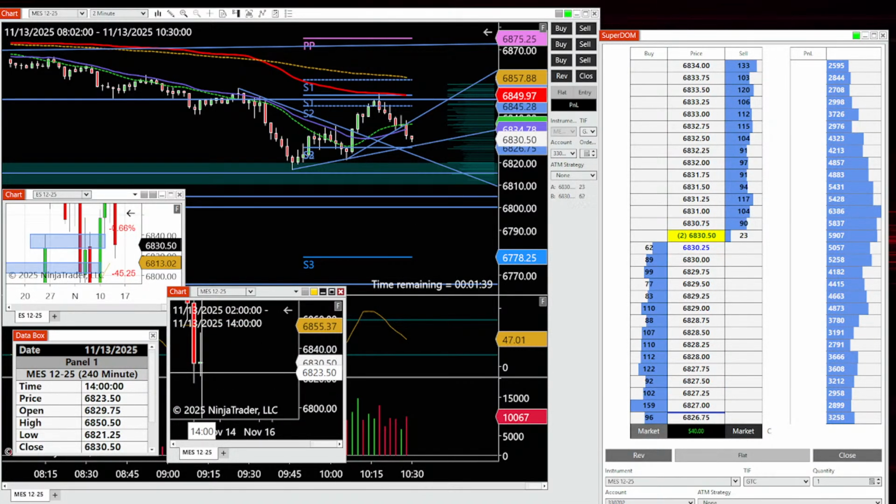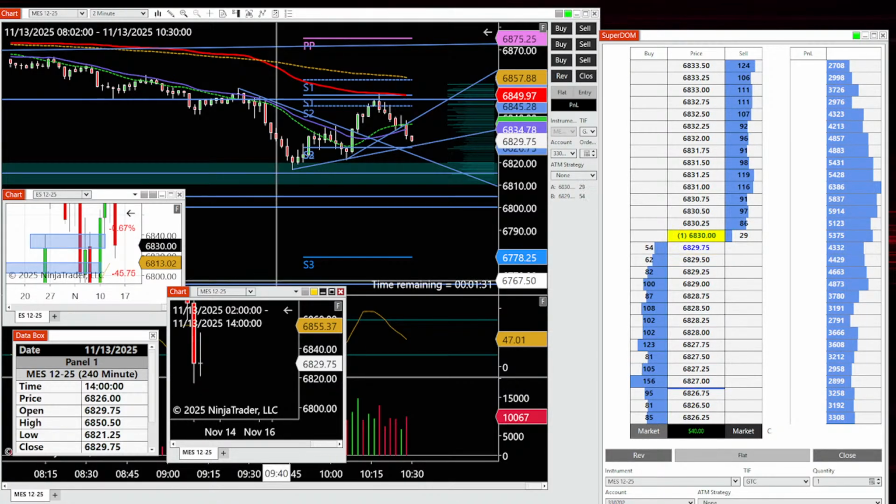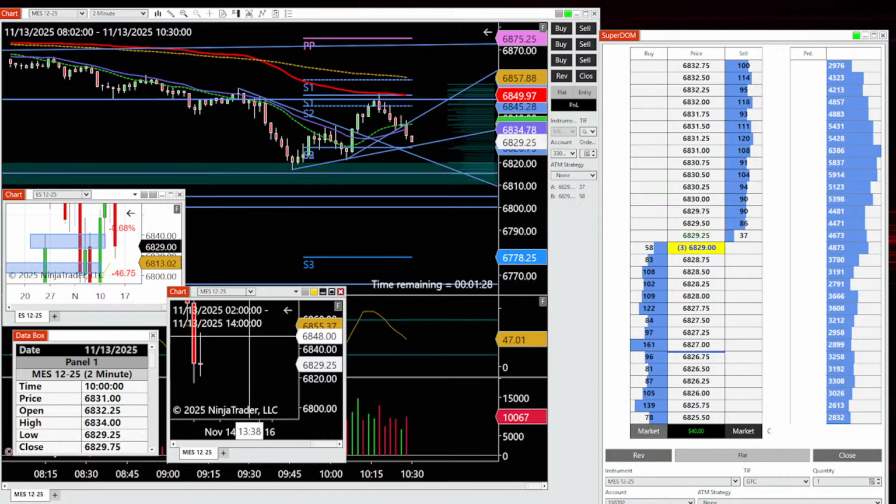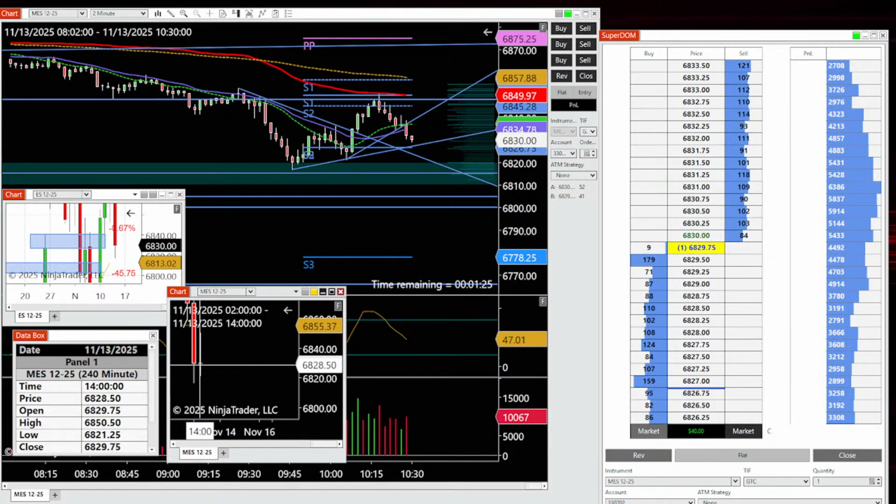The 4-hour bar opened up at 29.75, below 30. So we might hang out around over and under 30. That's this area here where it was over and under that 30, the open of the 4-hour bar.